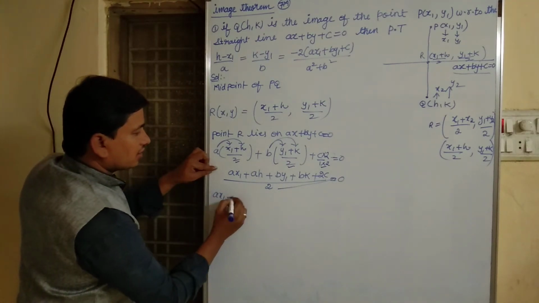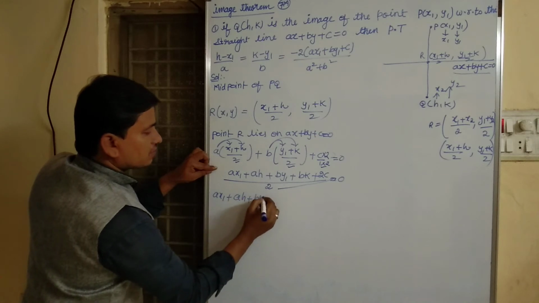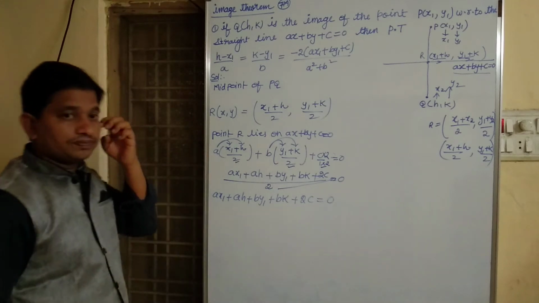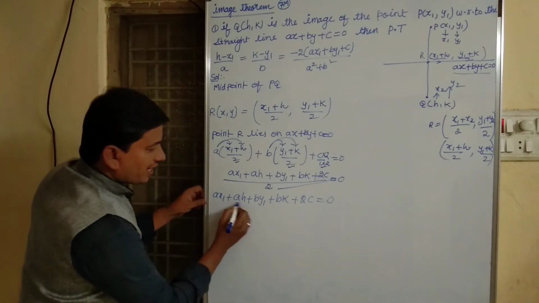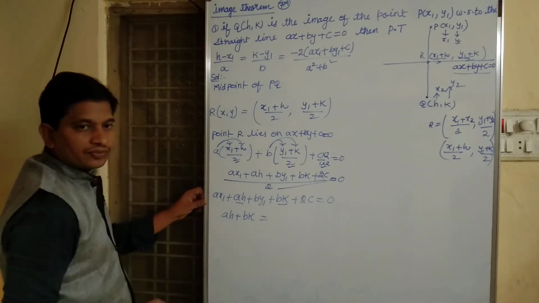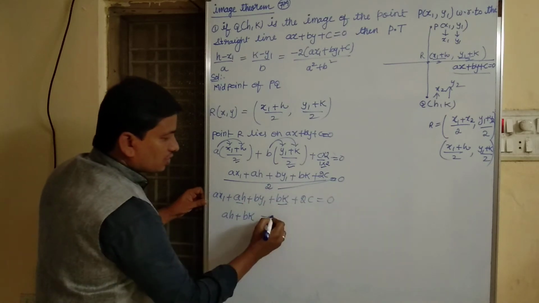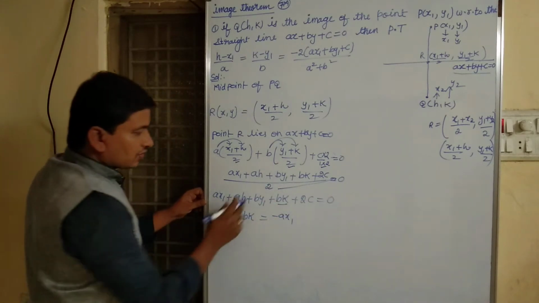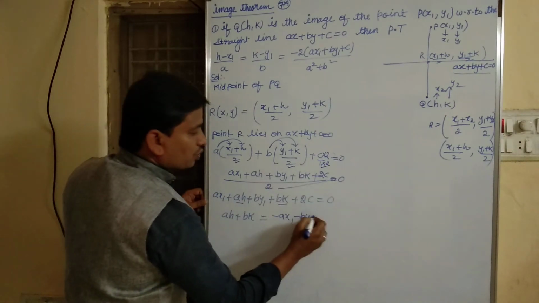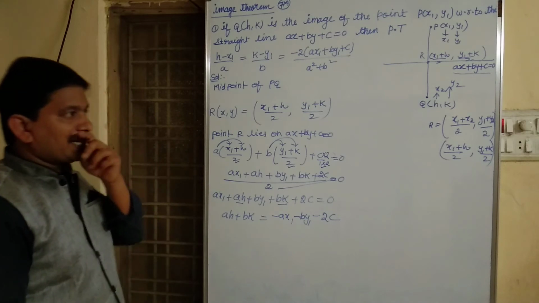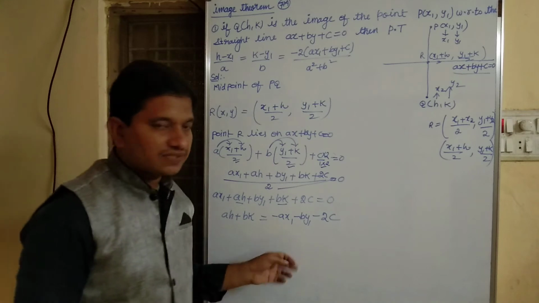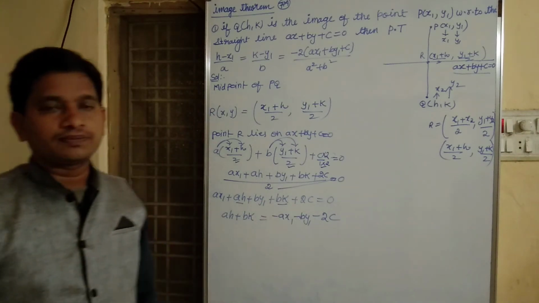I mean ax1 plus ah plus by1 plus bk plus 2c equal to 0. Let me keep ah plus bk together. Transpose ax1, by1 and 2c to the other side, so we get ah plus bk equal to minus ax1 minus by1 minus 2c.